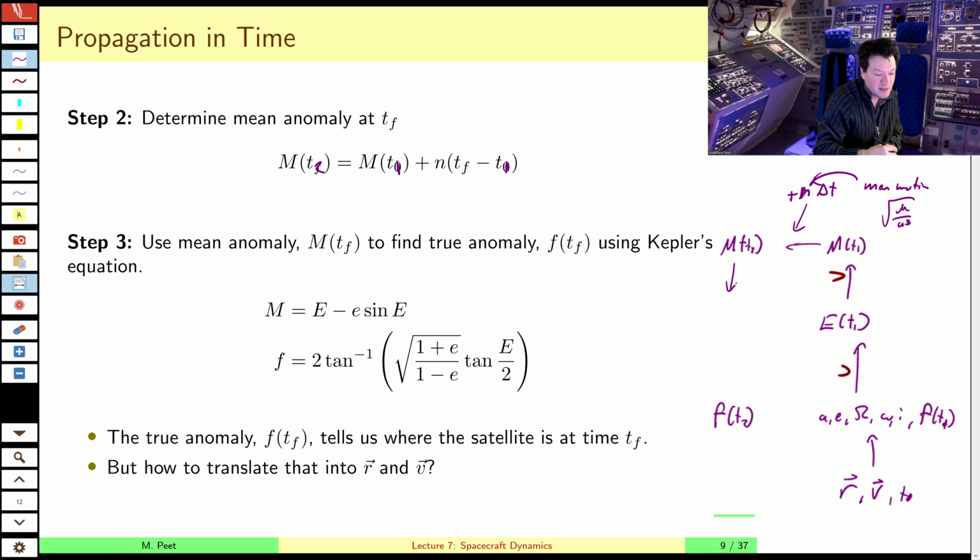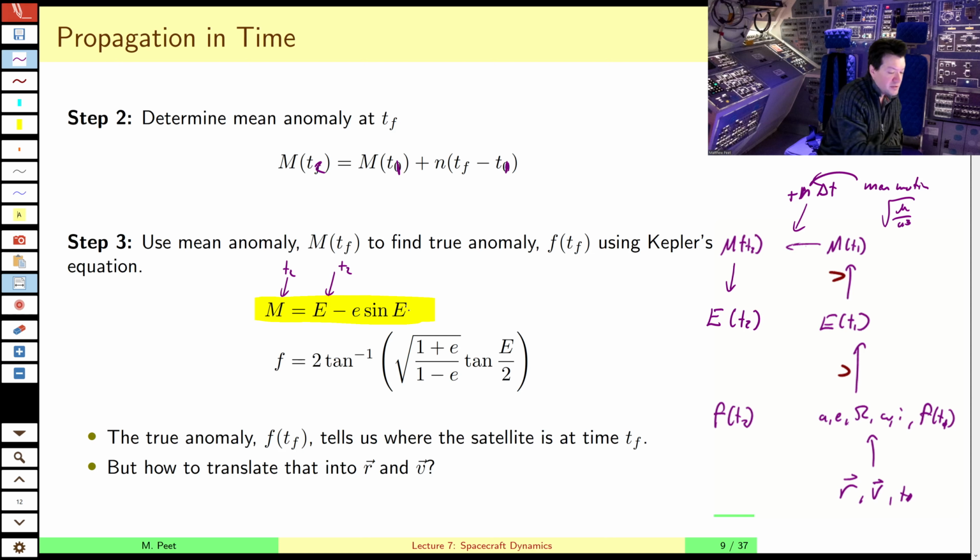Next step, calculate the eccentric anomaly at t2. Again, this is lecture 4 and 5. Here we've got to solve Kepler's equation the hard way. We're given, in this case, the mean anomaly at t2, and we have to calculate the eccentric anomaly at t2.